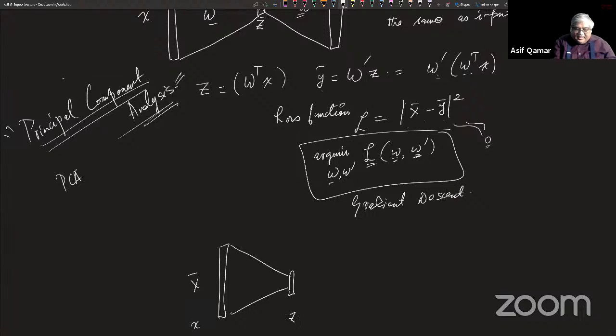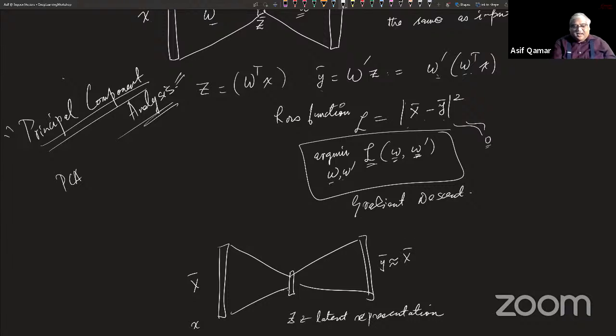X goes in, there's a hidden latent representation, and this blows out again to this. If I expect that Y is approximately equal to X, then I have created a very compressed representation of X.